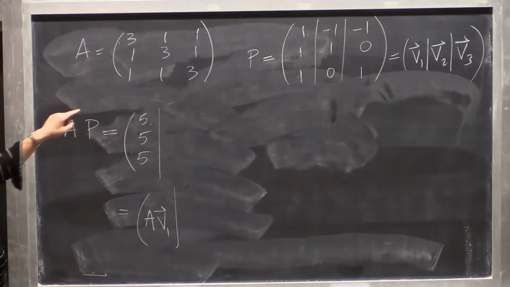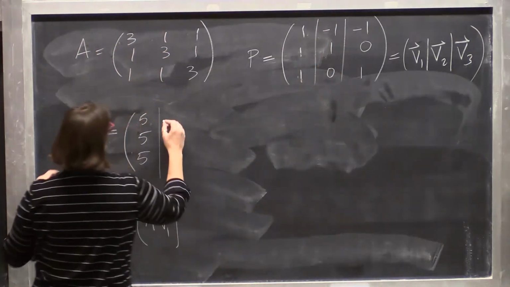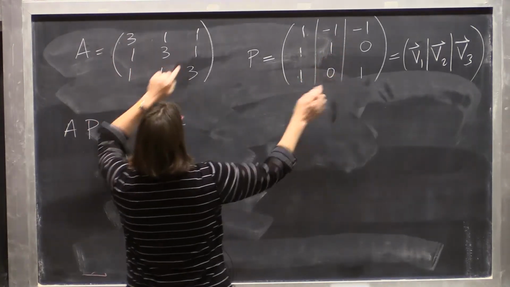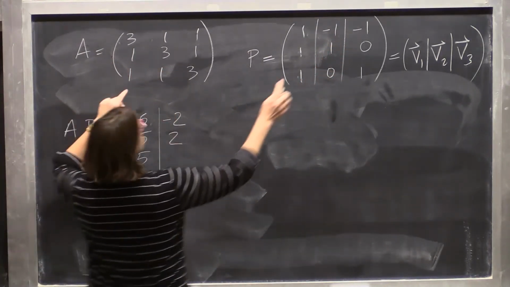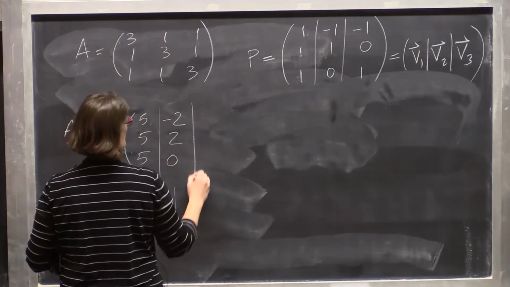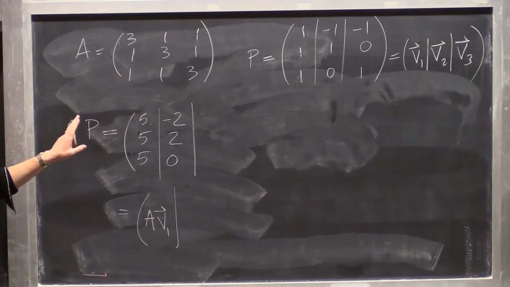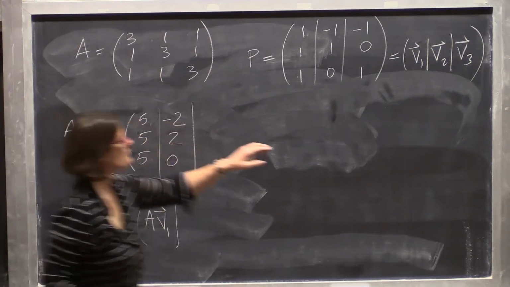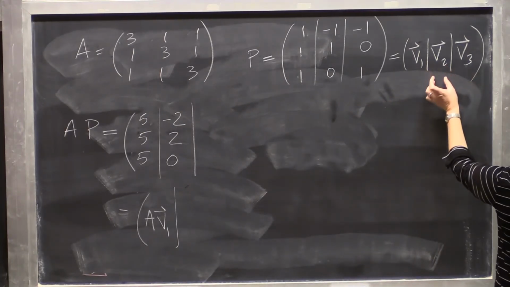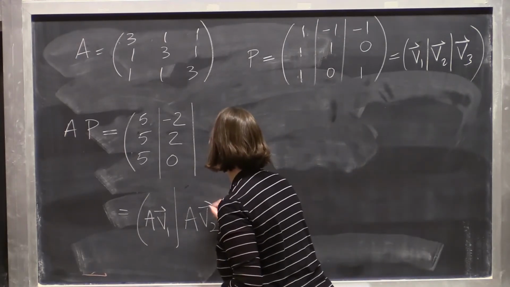Now, let's do the second column. So we have minus 3 plus 1 plus 0. It's minus 2. Minus 1 plus 3 plus 0 is 2. Minus 1 plus 1 plus 0 is 0. That was just matrix multiplication. On the other hand, if I had just viewed P as column, column, column, this middle column of A times P is precisely A times V2.